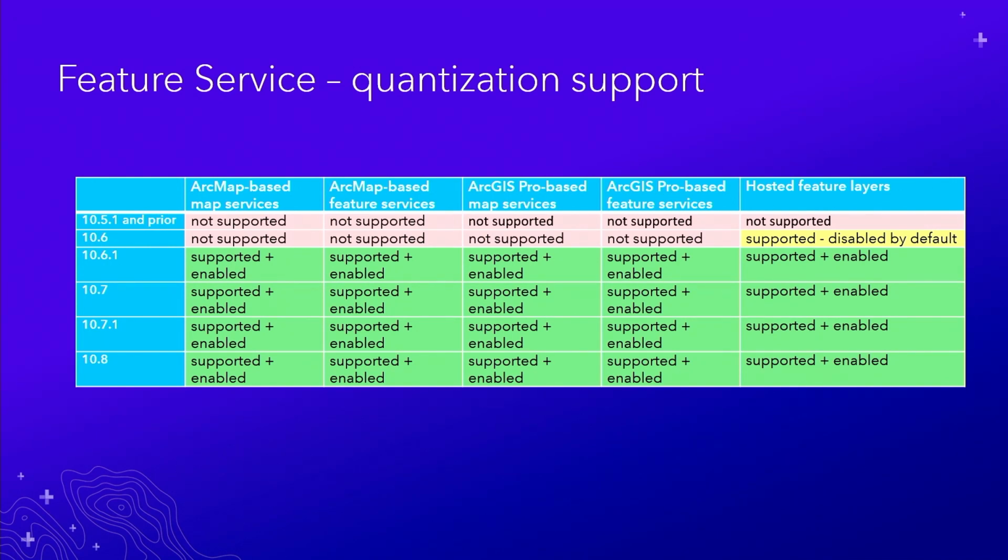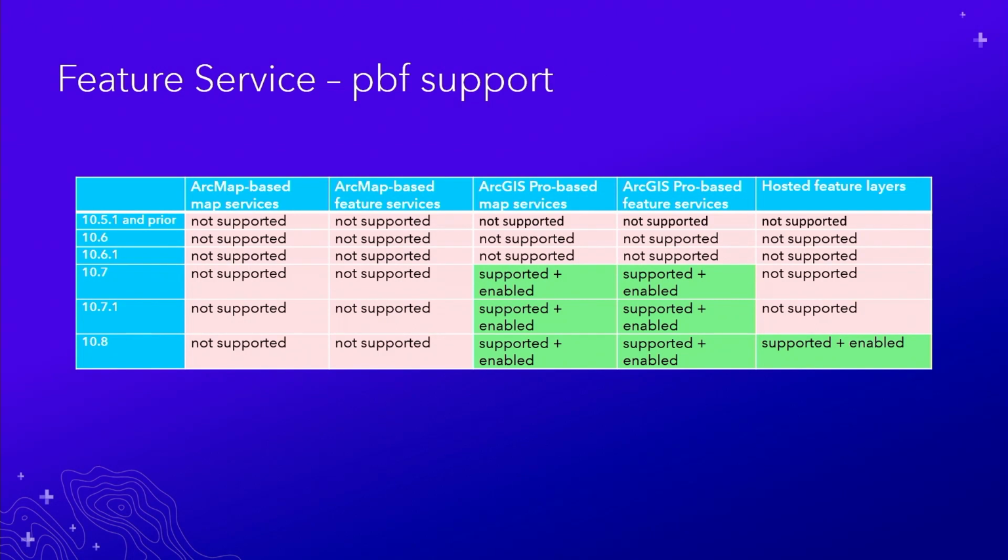Ultimately, this is a fairly simple table that says you have quantization supported for any type of map and feature service if you are using 10.6.1 or higher. PBF support is slightly more nuanced. We've added support for returning PBF under the hood to map and feature services that you've published from ArcGIS Pro, and that was supported beginning at 10.7.